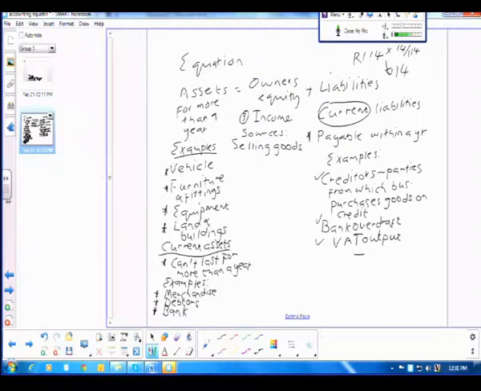That income is called sales. But as a business, we may not only get income from selling goods. We can invest money at the bank and get what? Interest. So we can get our income also from our investments.